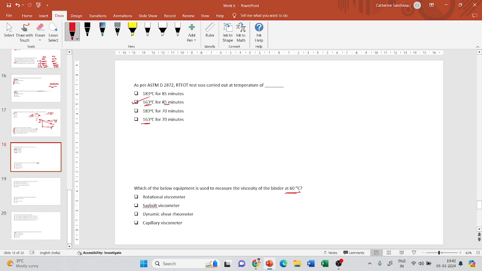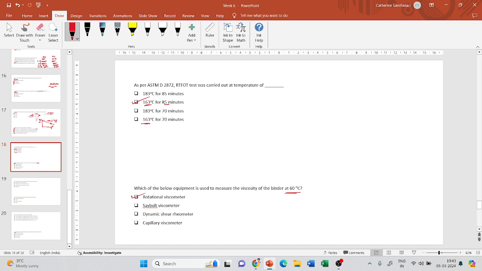One is the torque limit of the equipment. At 60 degrees Celsius the viscosity will be very high, so you cannot measure viscosity with it.